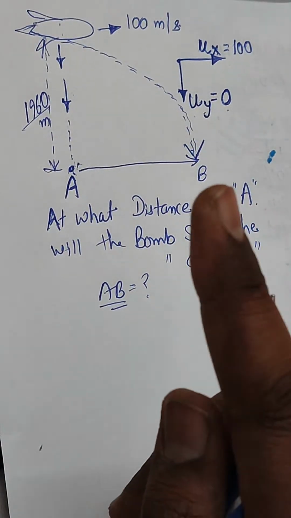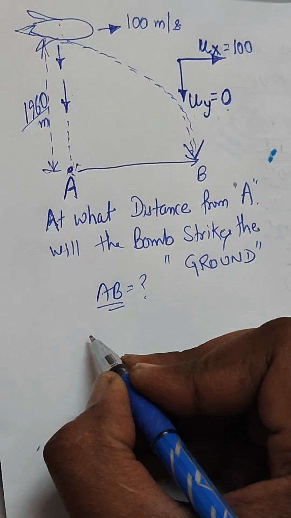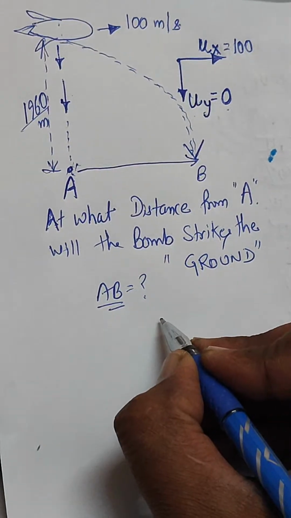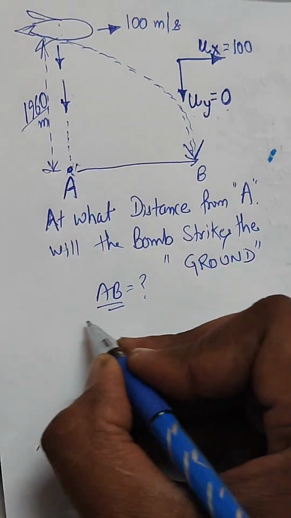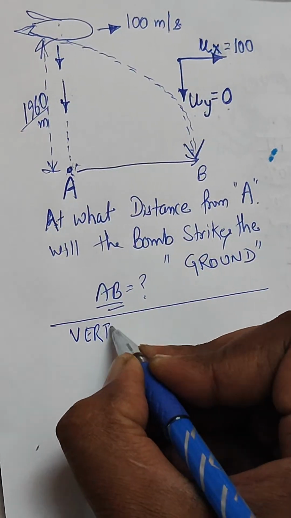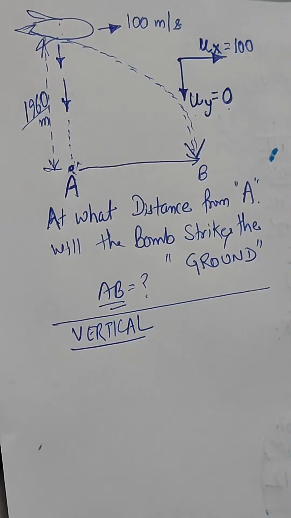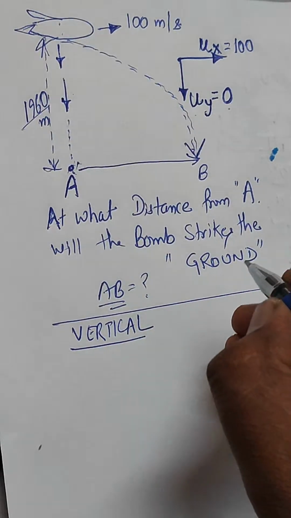Now, if you remember the vertical motion, the downward direction, if you consider it negative, let me write for the vertical direction what is happening.